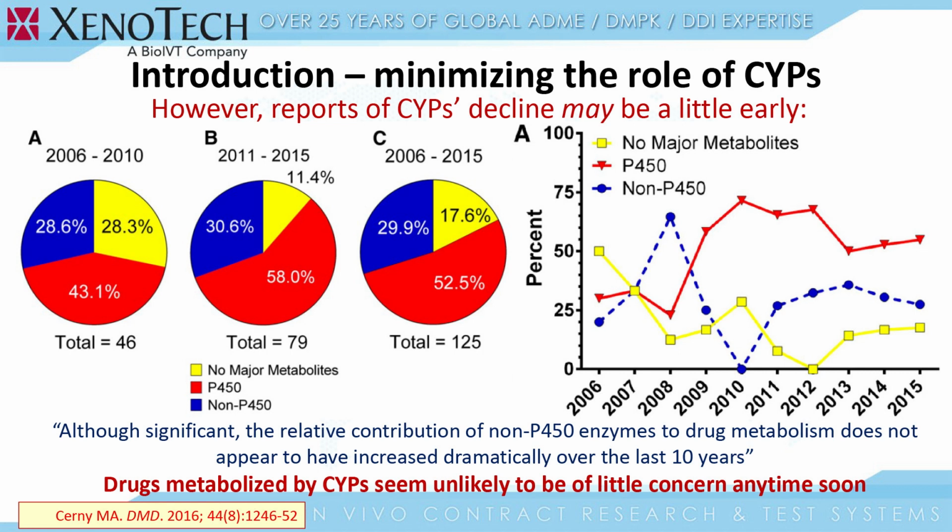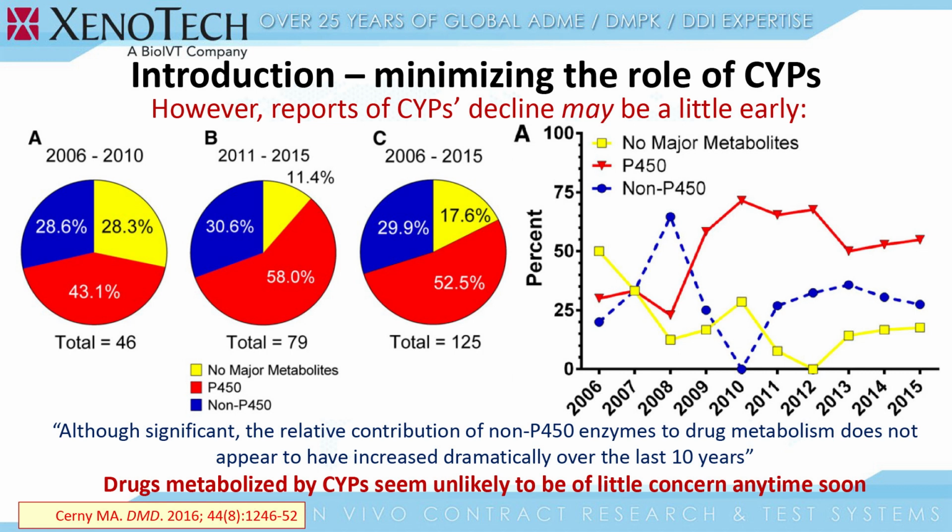And if we look between 2006 and 2010, about 43% of the drugs that were approved were metabolized by CYP enzymes, with about 29% of the drugs being metabolized by non-P450 enzymes.